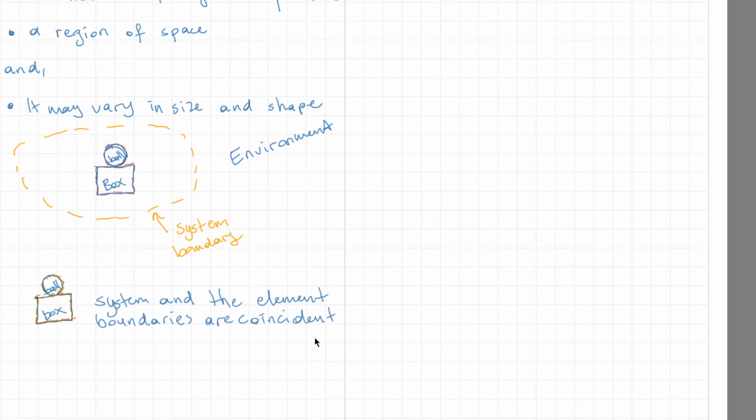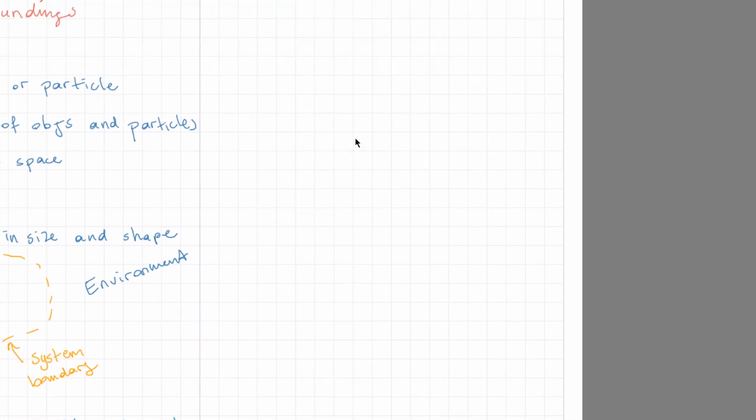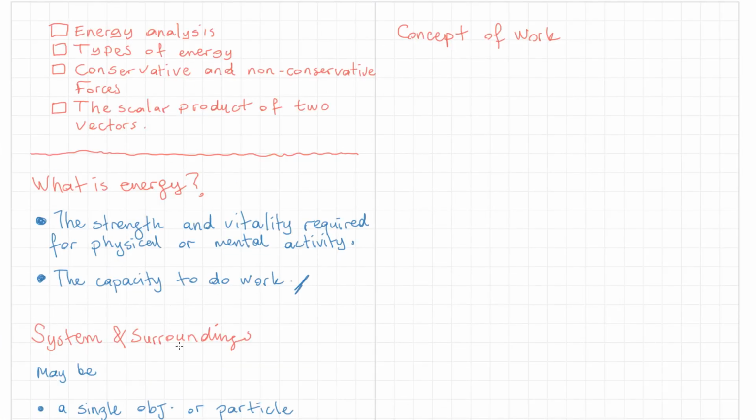Okay, let's talk about work and its definition. From a physicist's point of view or an engineer's point of view, the definition of work is quite different from the definition in our everyday life.